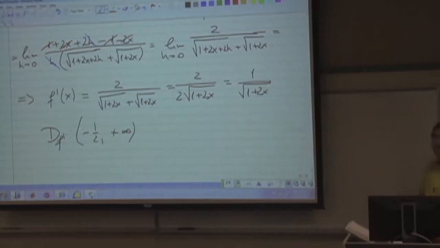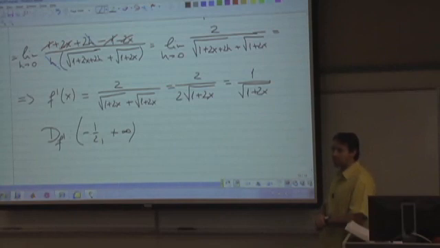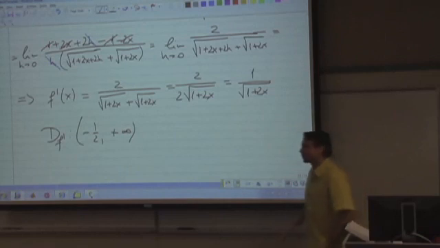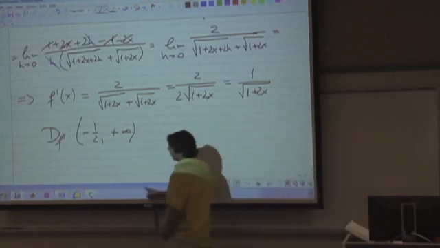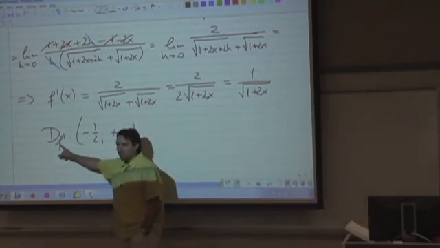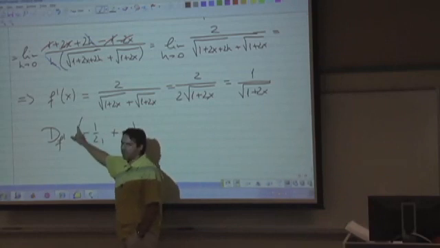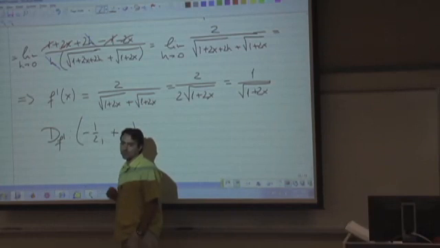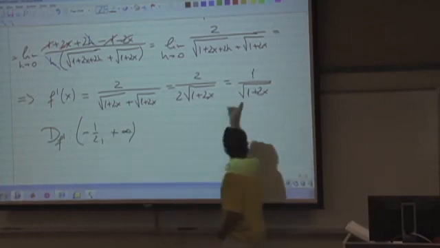The domain is minus a half to infinity, but now notice there's a parenthesis on minus a half, not a bracket, because 0 can't be put inside the square root anymore because the square root is in the denominator. Before, the domain of f was the same, but minus 1/2 was included, because the square root of 0 is in fact 0. You can have the square root of 0, but you can't have 1 over 0.